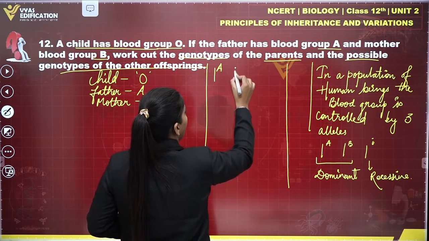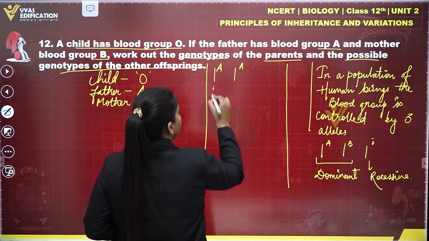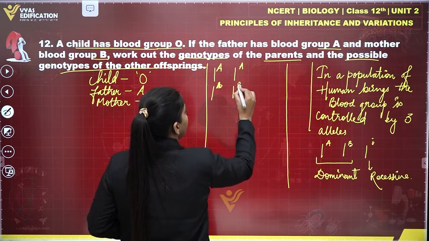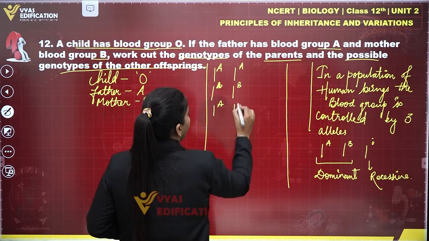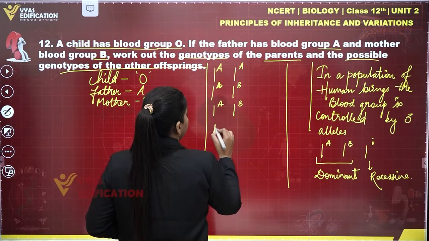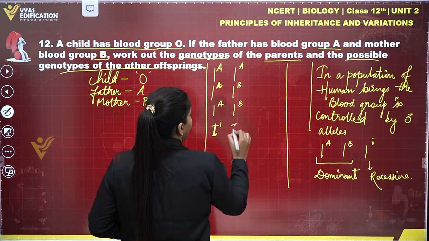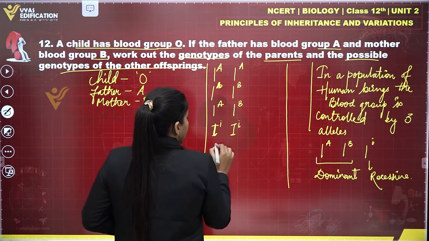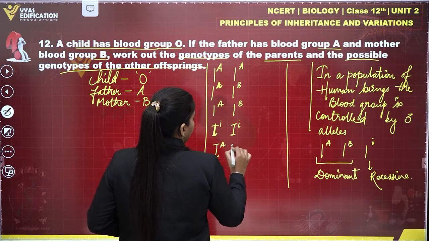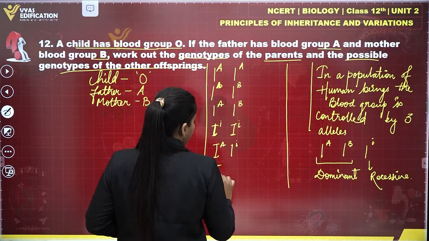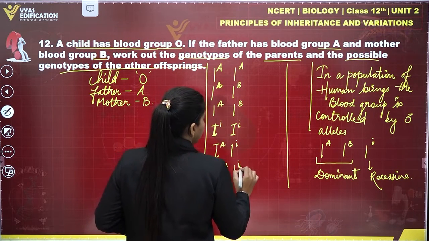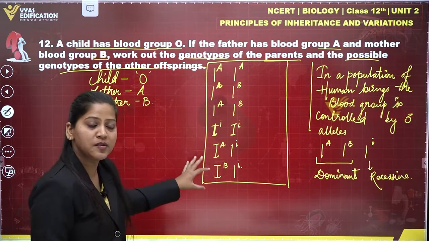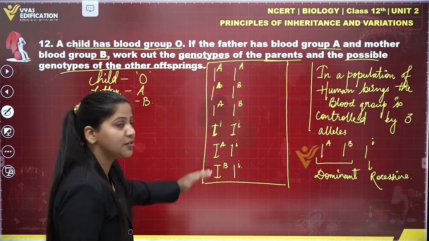So IA IA, this is one possibility, IB IB, IA IB, i i, IA i, IB i. These are the 6 possible genotypes of the ABO blood group system in human beings.